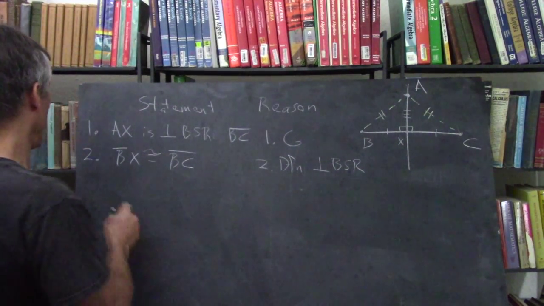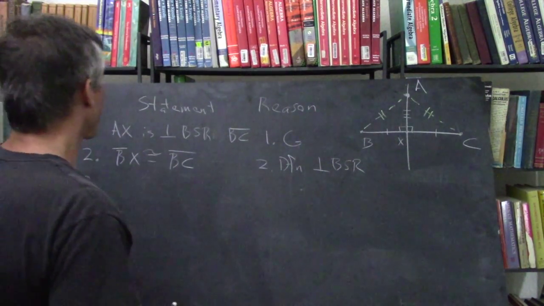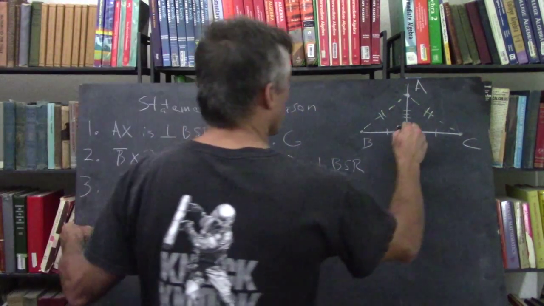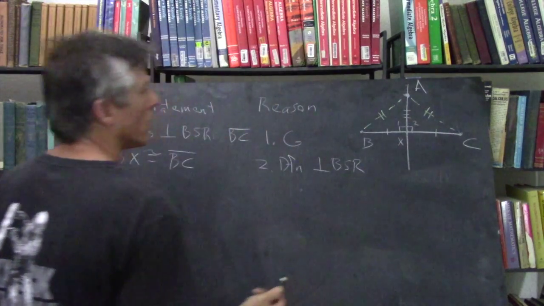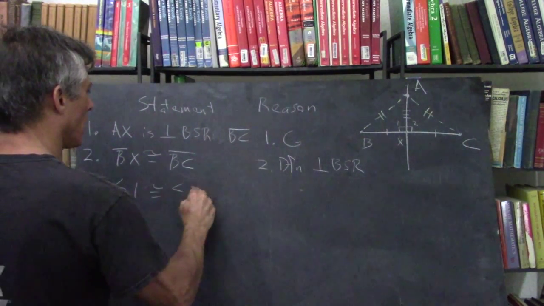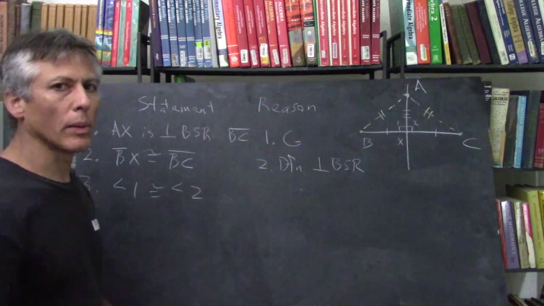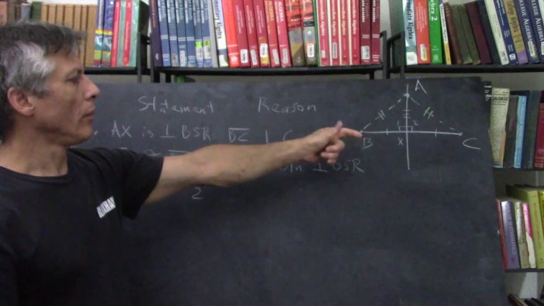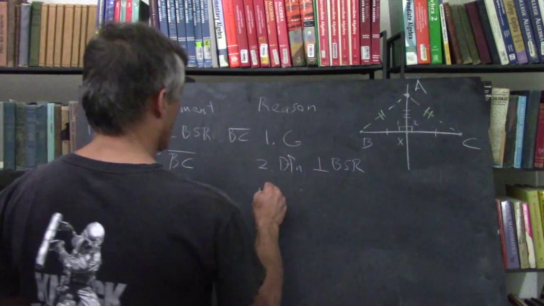And we know, since AX is perpendicular to BC, we know angle 1 is congruent to angle 2. Remember, that's one of our theorems. A perpendicular makes two congruent adjacent angles.